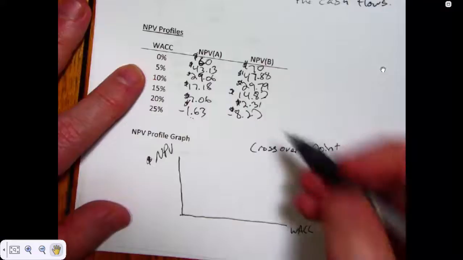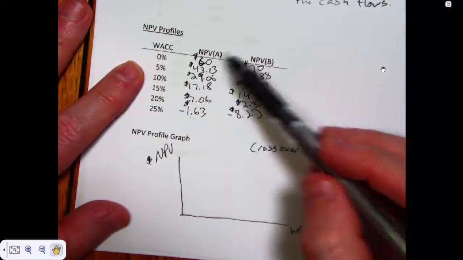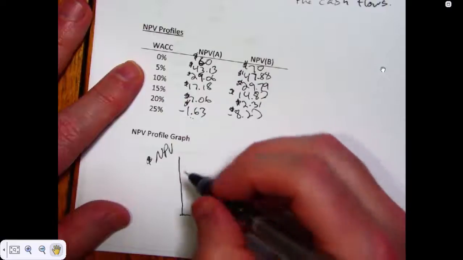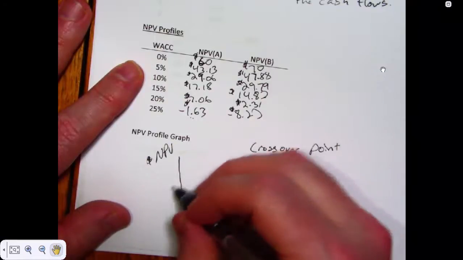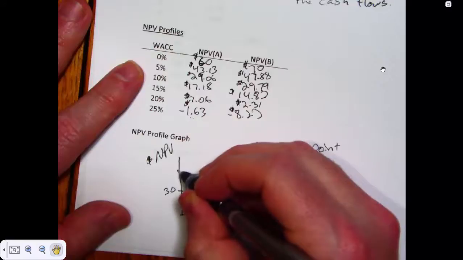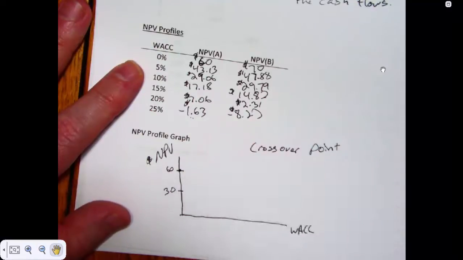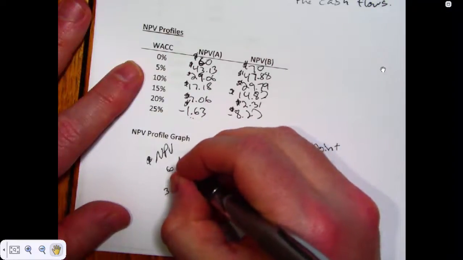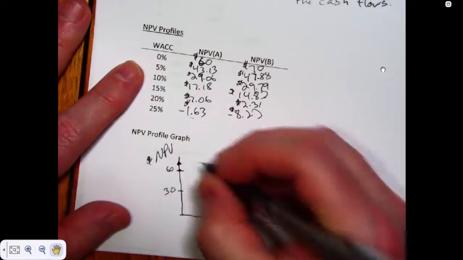And at 0% weighted average cost of capital, A has a value of $60. So we'll say this is about 30. This is about 60. So A would be right here. Okay. B has a value of $70. So it's going to be right about here at 0%.